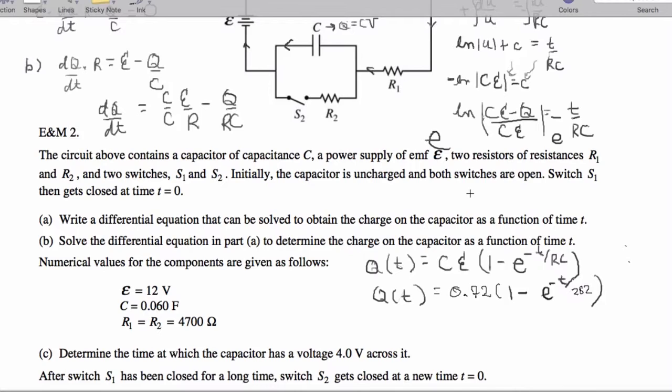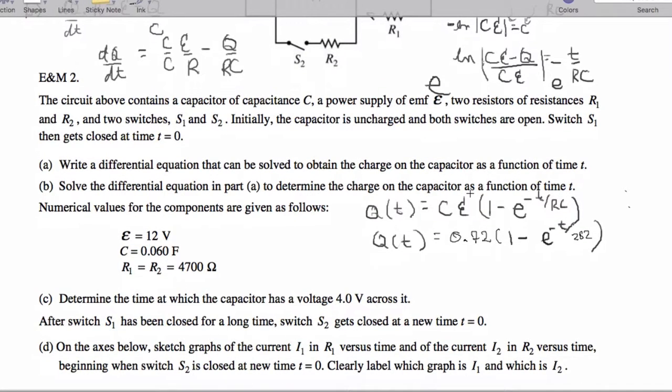All right. And now it says determine the time at which the capacitor has 4 volts across it. So it actually turns out, since Q of t equals C times V, let's divide both sides by C. So I get a free formula here.